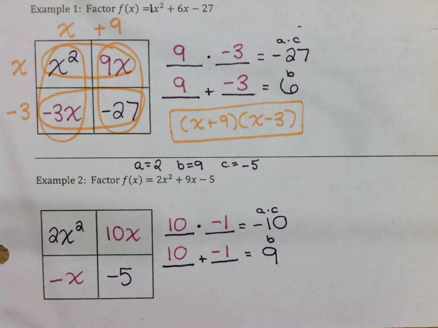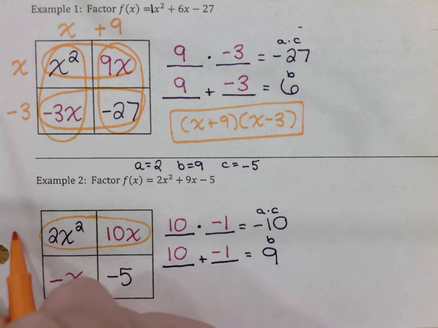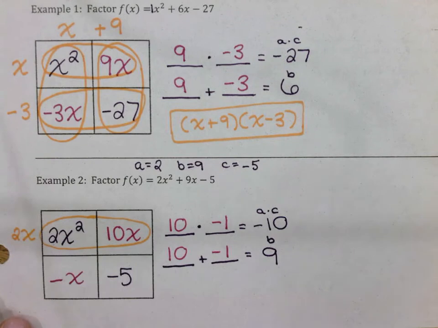We just need to unpack it to get those factors on the outside, the whole goal of this. So let's start here. Let's figure out what is the GCF between these two terms right here. And you may think x at first, and that's part of it, but between the numbers 2 and 10, those are both divisible by 2. So at most, we can divide both of these by 2x.